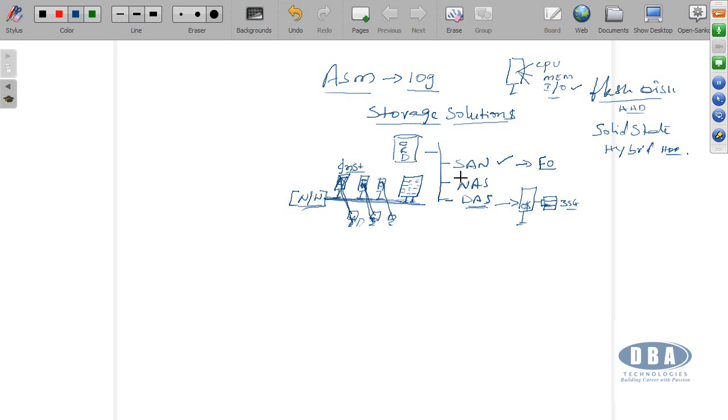So using SAN storage, the data retrieval and writing process is going to be much faster, because the technology itself is different, and there will not be any network bottlenecks as far as IO is concerned compared to other ones. If SAN itself is struggling, where is the question of NAS?